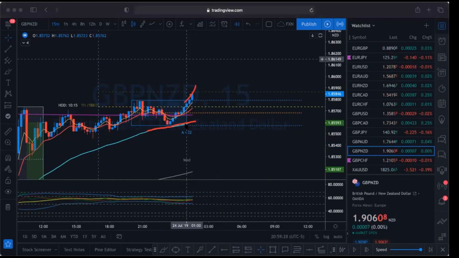So the only possible real directional, correct trade to take would be a type 3. There's no way the price is coming all the way back down and making a type 2 to go here. Typically it does a type 3 and bounces off the 50. So everybody follow me so far?